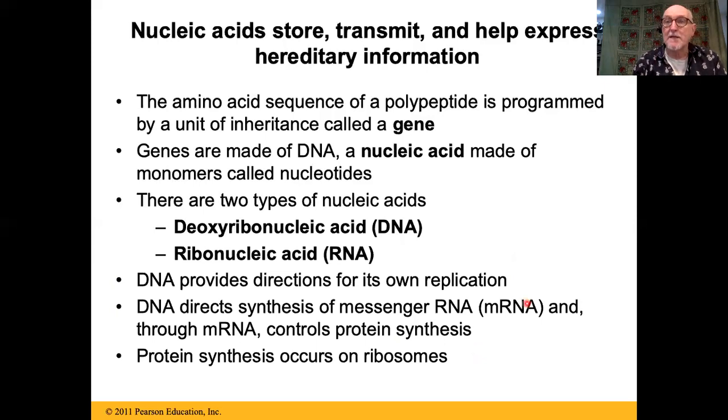So that is the take-home message from this. We have DNA. The DNA is transcribed to messenger RNA, and the messenger RNA is then translated to protein by the ribosomes.